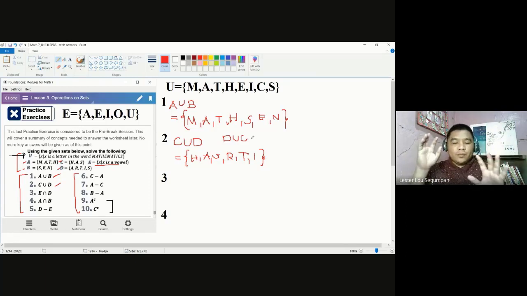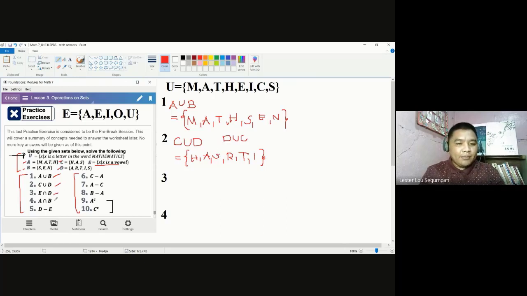Let's say a group of seven emerald students and seven topaz students. If I'm going to list all seven topaz first before emerald, it's just the same if I'm going to write all emerald students before topaz. So they're just the same group. So for union of sets, regardless of which set is written first, they will yield the same result.